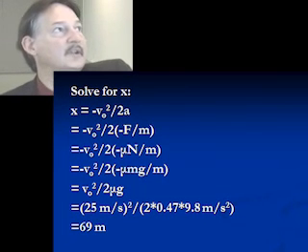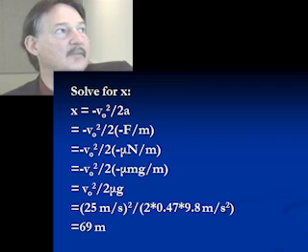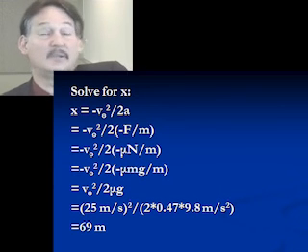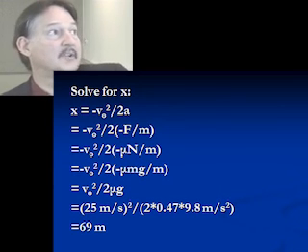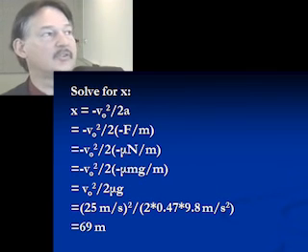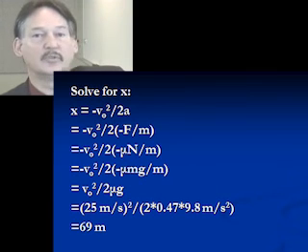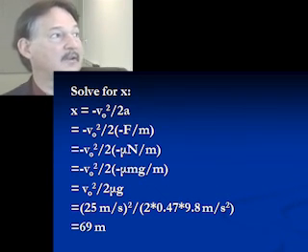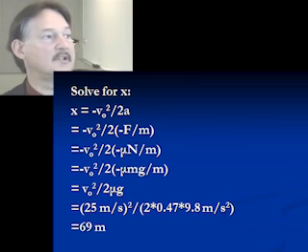We've plugged in for acceleration, F over m. Force responsible for the object decelerating, because it's going to have negative acceleration, is a frictional force. Frictional force is the coefficient times the normal force, which is the weight. And therefore, notice the masses cancel out, and we're left with 2 mu g in the denominator.